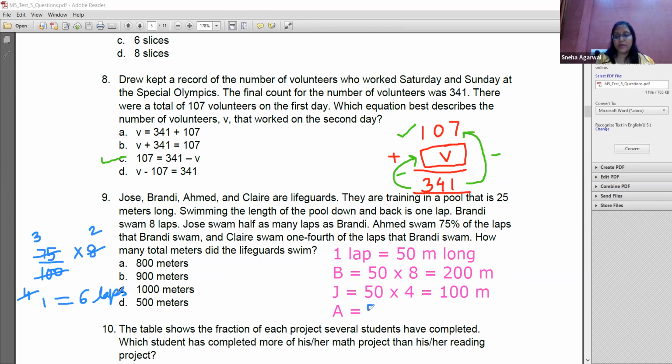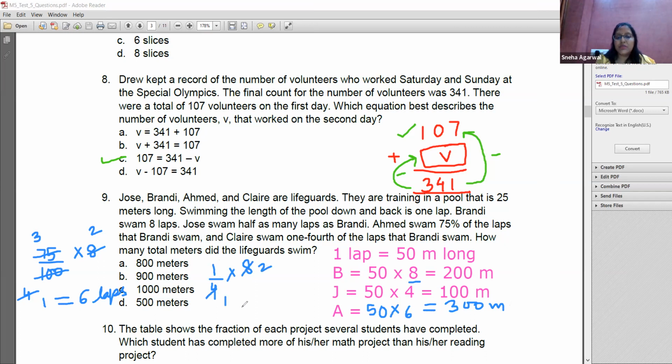So you are going to multiply 50 into 6. What is 50 into 6? This will be 300 meters. And then last one, Claire swam 1/4 of the laps that Brandy swam. Brandy swam 8 laps. So what is 1/4 of 8? 4 ones are 4 and 4 twos are 8.